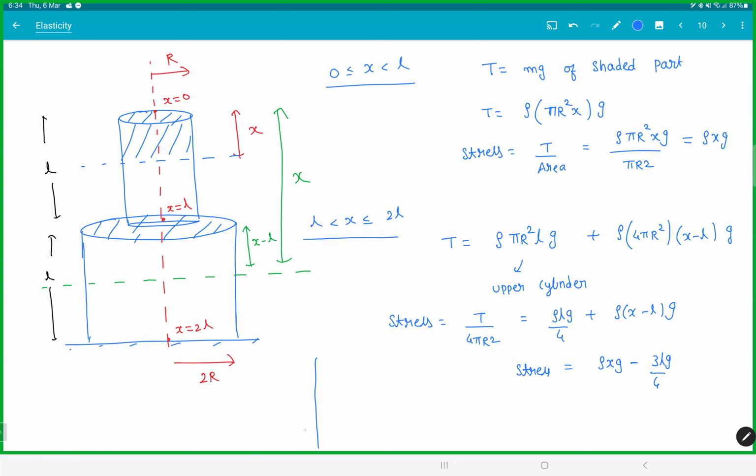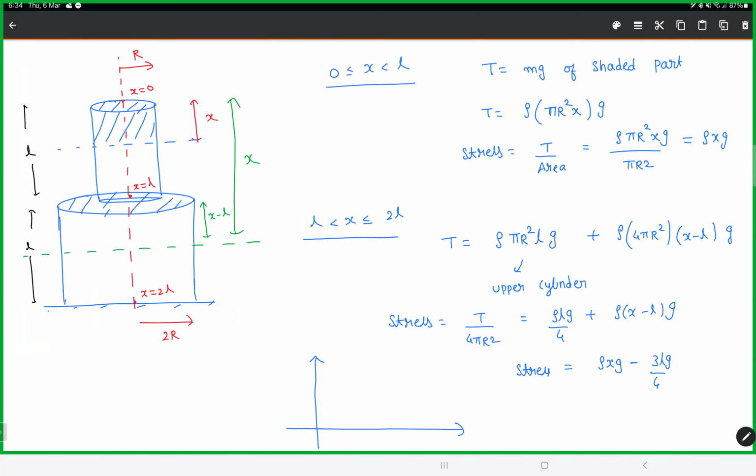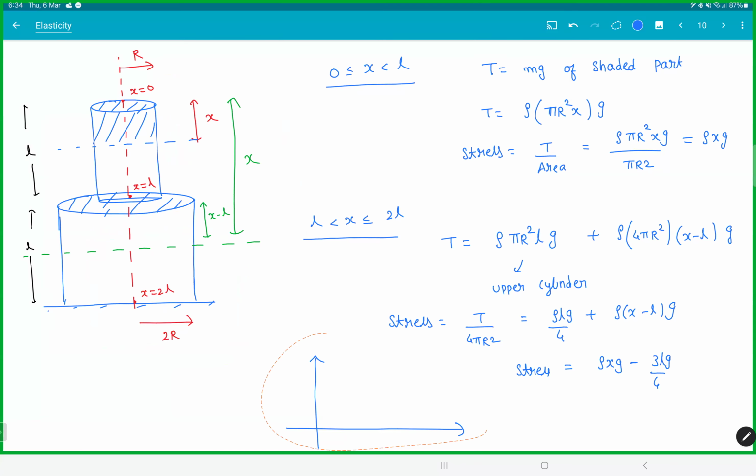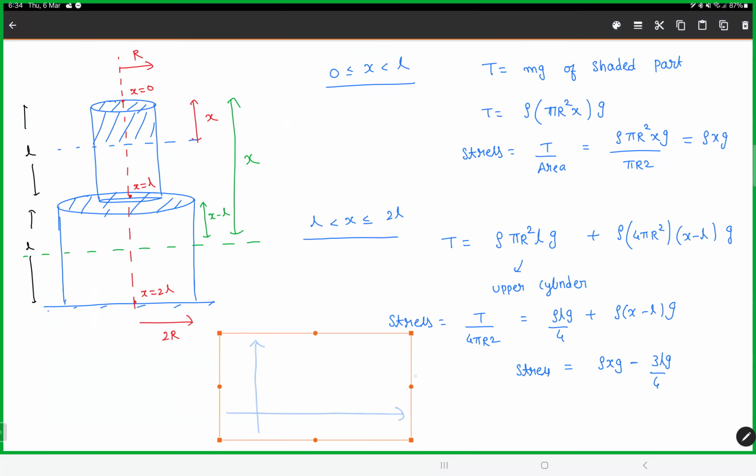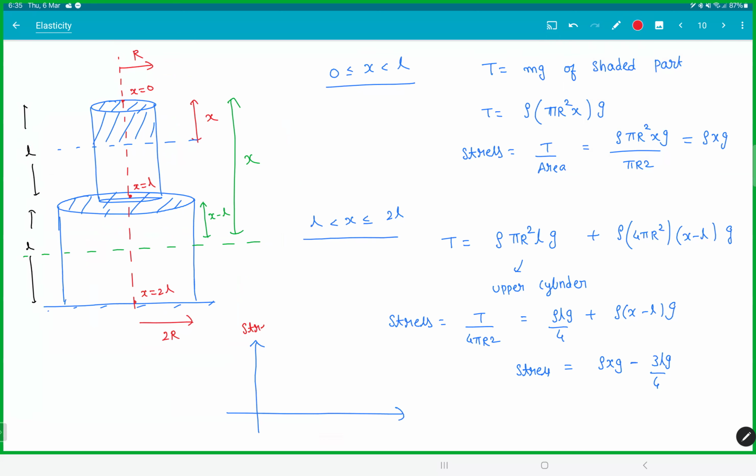If you actually try to plot this graph, stress versus x graph, you will see initially it's a linear function, y is equal to kx.